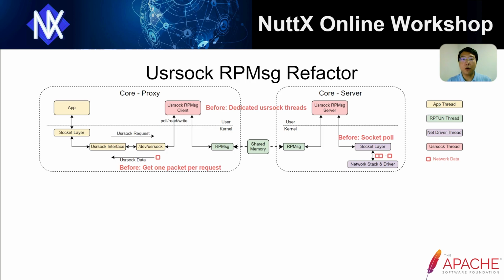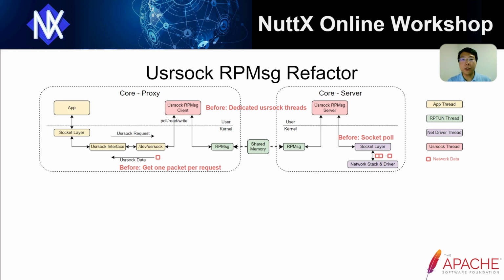When an app on cores using UserSock as a proxy wants to access the network, its socket operations are handled by the UserSock interface and sent to the UserSock device. Then there is a UserSock RP message client thread that is always polling the device to get these socket operations.